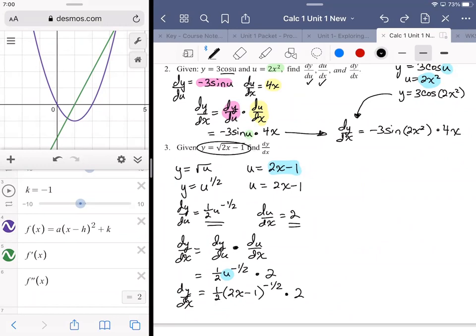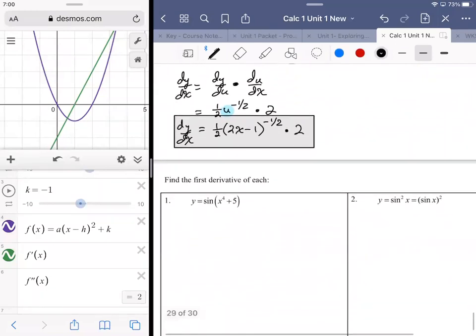You go back to what it is that you were trying to find the derivative of, it was this expression. The derivative of that expression is this expression. Now you could simplify further if you want, but again, I think I've beaten this idea to death. We don't want to have to unless we're told to.